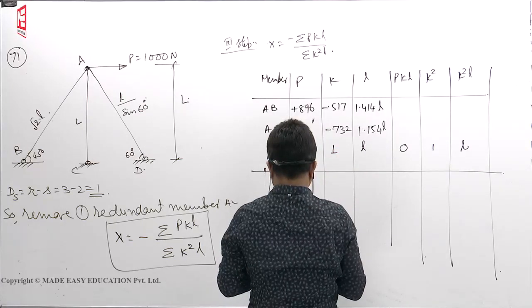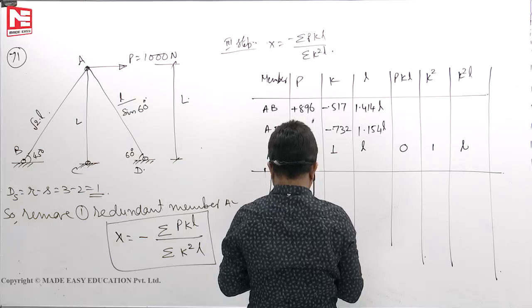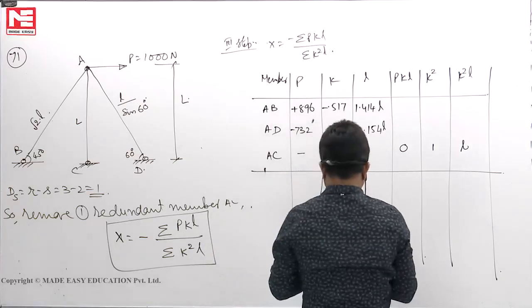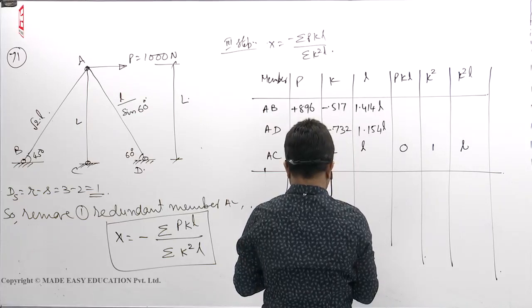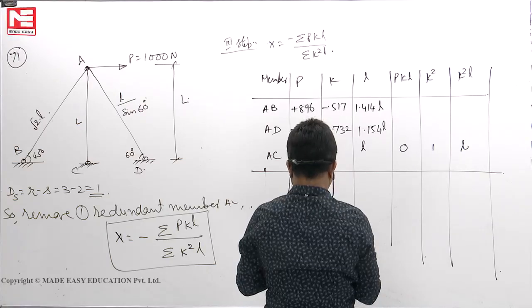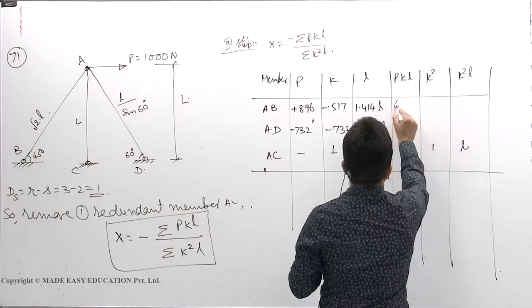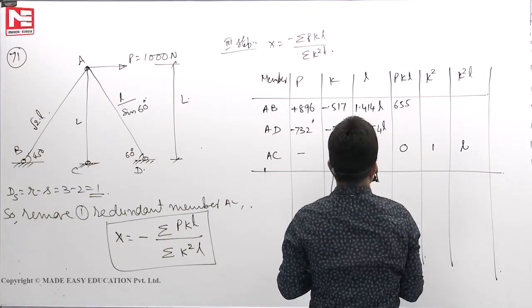Then this value 896 into 0.517 into 1.414. You will get 655. 0.01 means 655 will take it.